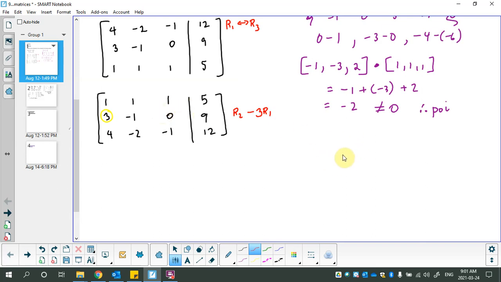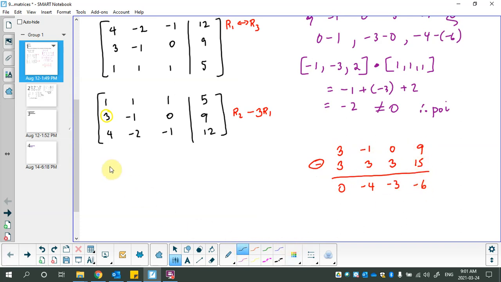So watch me scribble off to the side. This is what helps me from not making a typo, but still doesn't guarantee it. Here's row 3. Here's 3 times row 1. And then I'm going to subtract 0, -4, -3, -6.